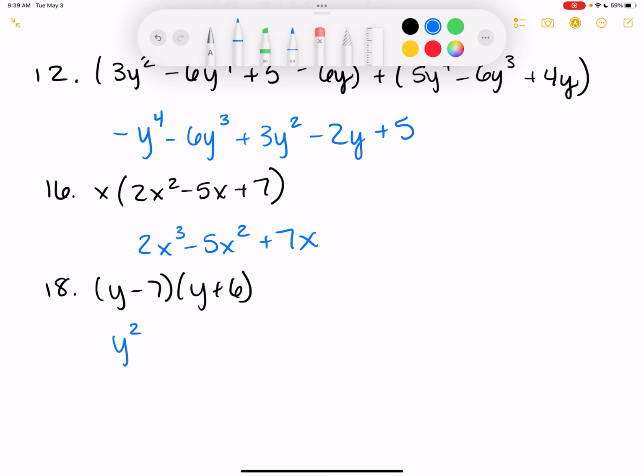Plus 6y, minus 7y, minus 42. So y squared minus y minus 42.